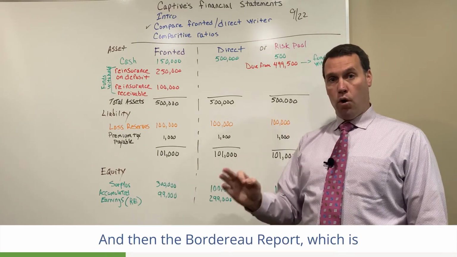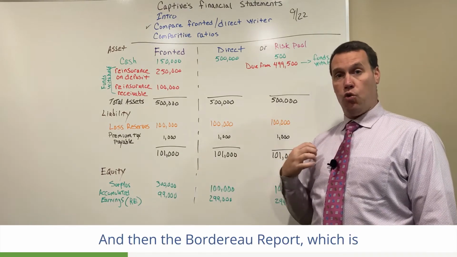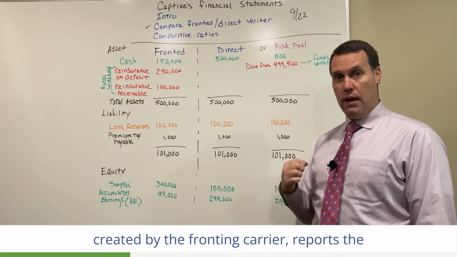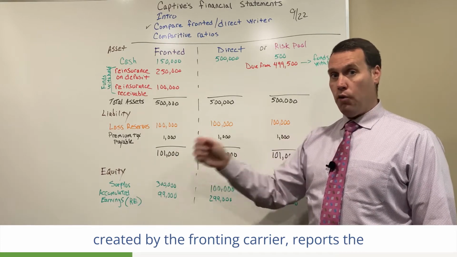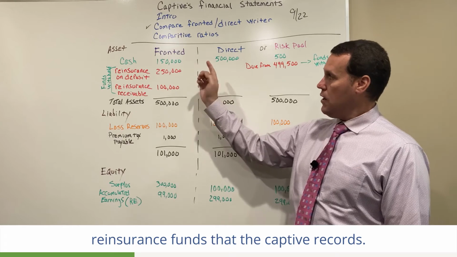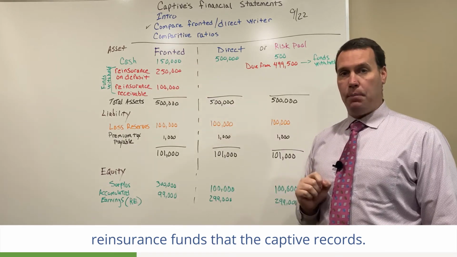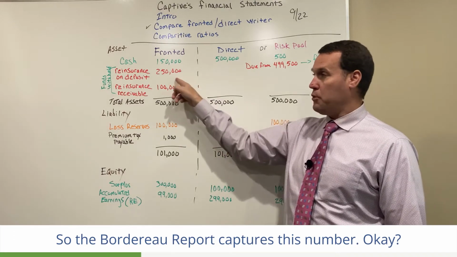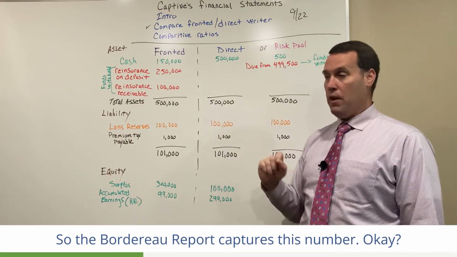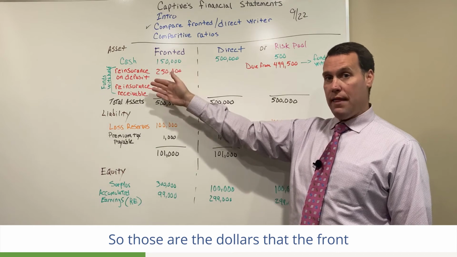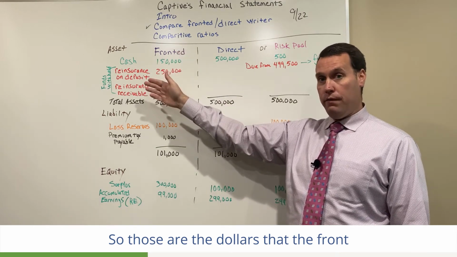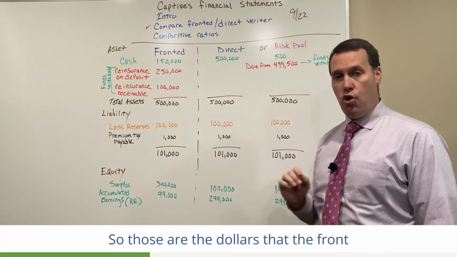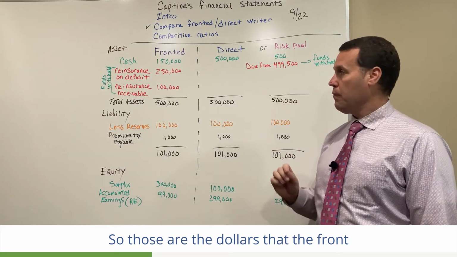And then the bordereau report, which is created by the fronting carrier, reports the reinsurance funds that the captive records. So the bordereau report captures this number, okay? Those are the dollars that the group captive members are paying to the fronting carrier.